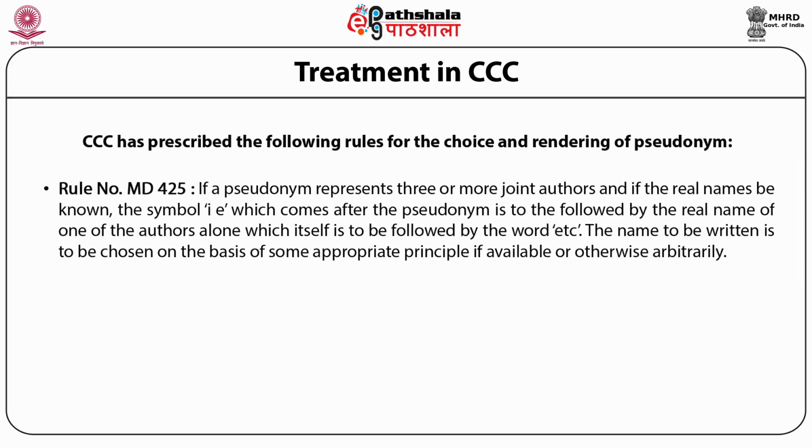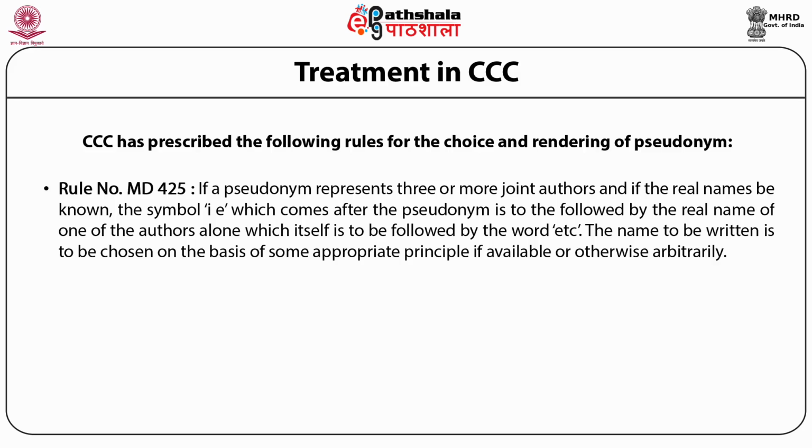Rule number MD425. If a pseudonym represents three or more joint authors and if the real names be known, the symbol IE which comes after the pseudonym is to be followed by the real name of one of the authors alone, which itself is to be followed by the word etc. Now it has been replaced by and others in the revised rules.